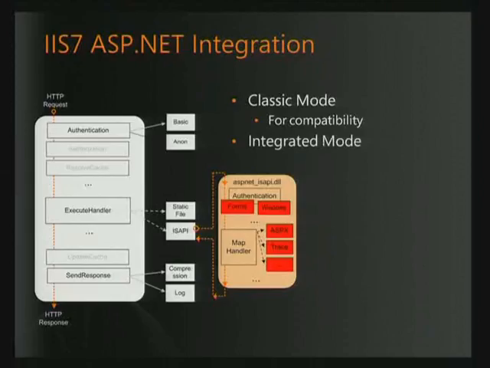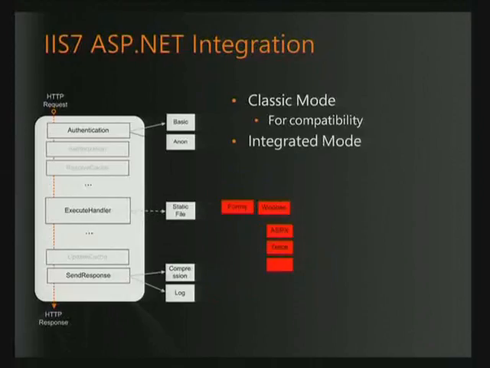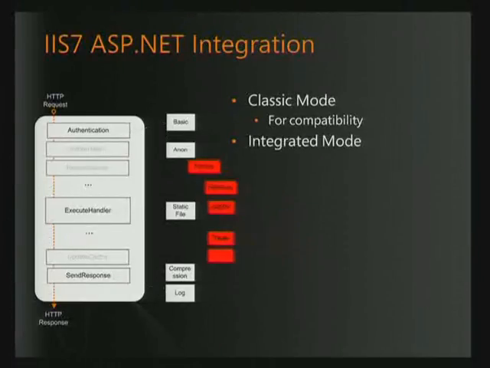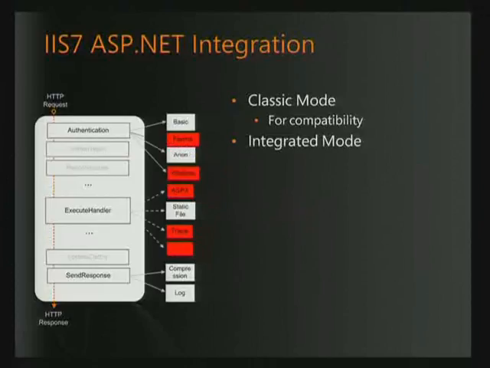The integrated mode means that, since we have a very similar pipeline, why don't we make ASP.NET modules, and in general just .NET modules, a first-class citizen for IIS, and make them connect directly to our pipeline. So there's no longer an ASP.NET pipeline. It's only the IIS pipeline.